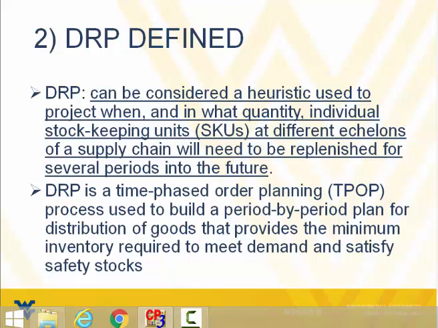Basically, we want to know when to order them and in what quantity. So the DRP looks at all of the ordering patterns across all of the different SKUs and asks how we can combine the ordering patterns for different SKUs in order to improve or smooth the ordering process.